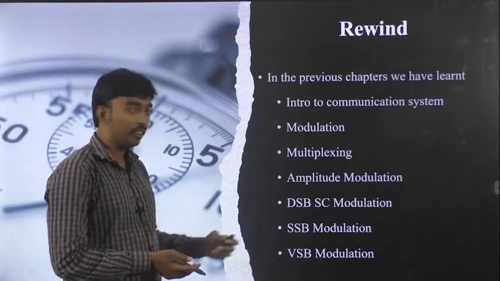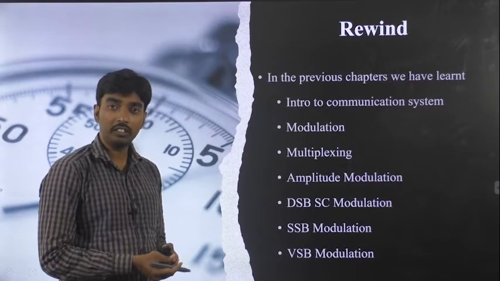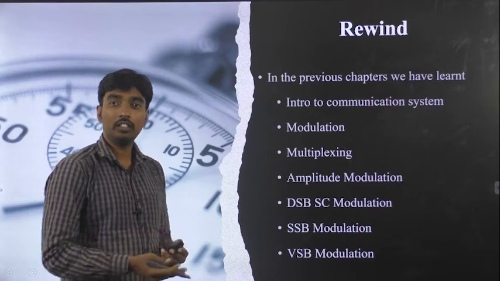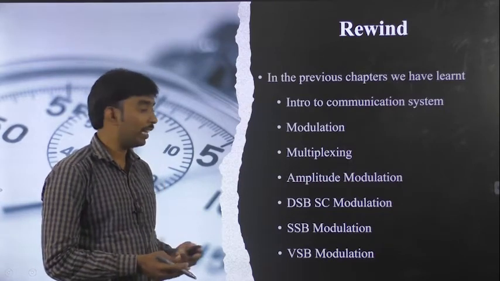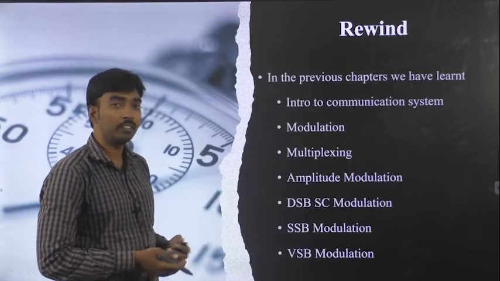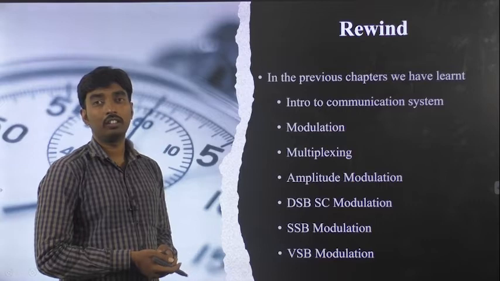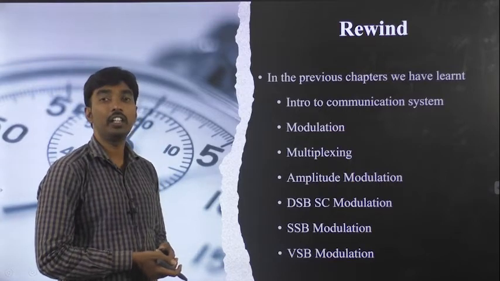And in SSB, we are effectively utilizing the channel bandwidth, and we are not wasting our power like in AM. And this SSB is most suitable for voice communication, especially in telephone.